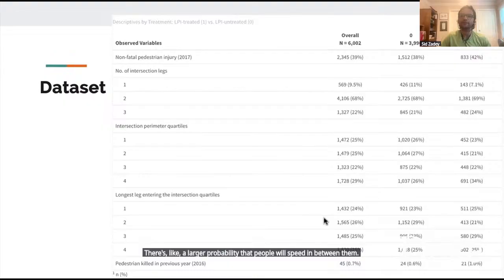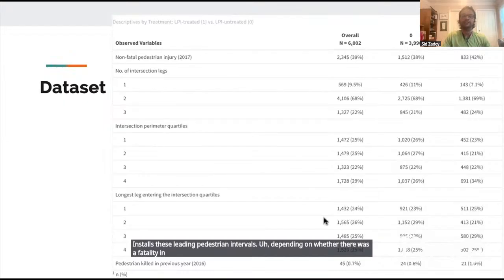So that's a good proxy for speeding. And then we looked at pedestrians killed in the previous year as a covariate, because we also know that the Department of Transportation installs these leading pedestrian intervals depending on whether there was a fatality in previous years or not.